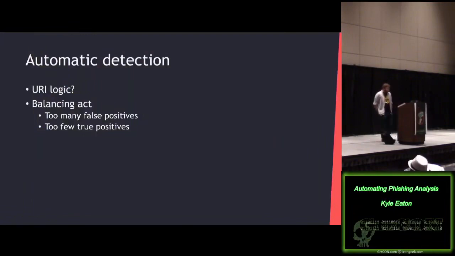So there are some issues that can come up with automatic detection, and I already started to touch on one. It's the false positive, false negative, true negative ratio. If you're too focused in on one particular page, you might get to a scenario where you're only matching that one page, even though the same phish kit might be deployed on another site.